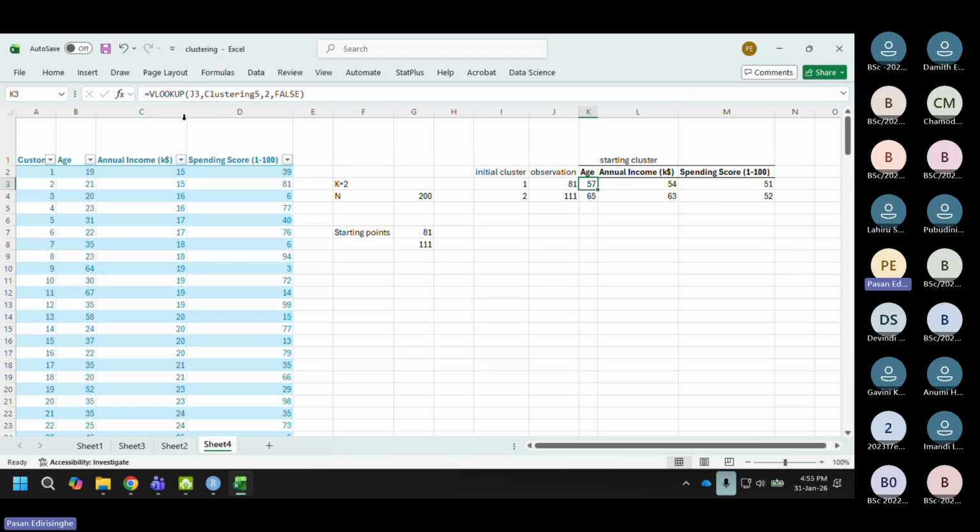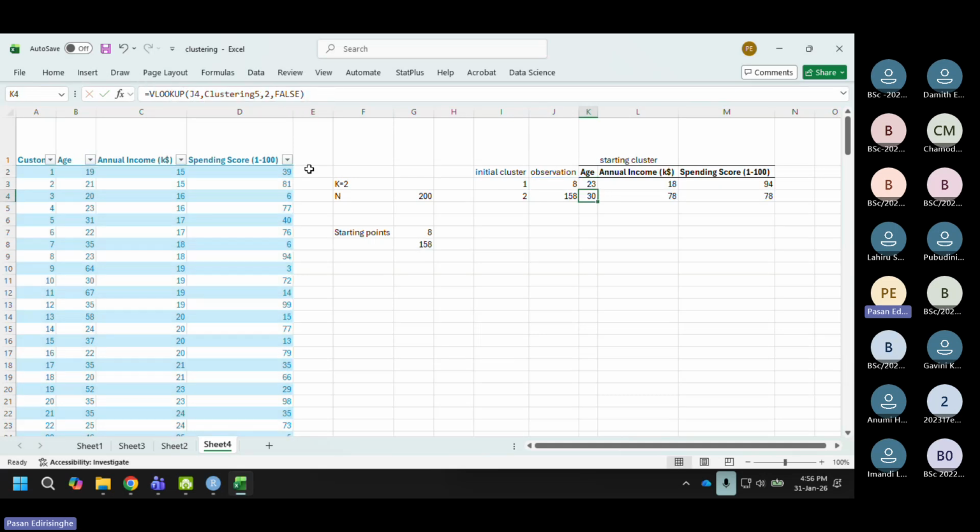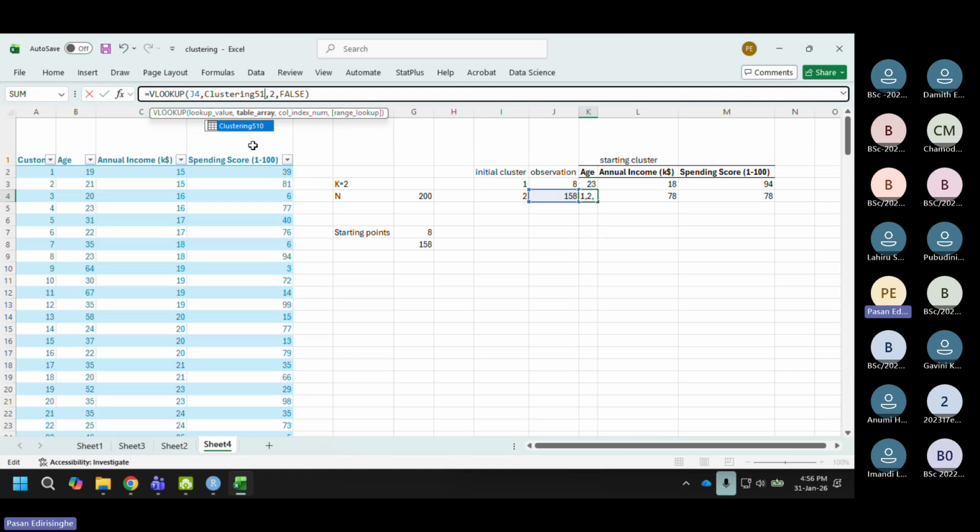I'm asking it to look at this J3 value, and the table number has to be clustering 510. That's the table number. This was from the previous one, so that's why it has a different name. I always have to change this for the 510.